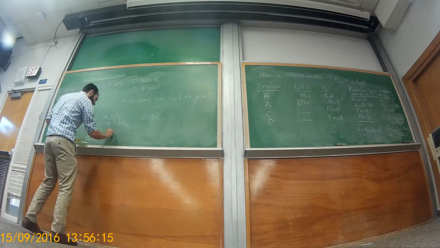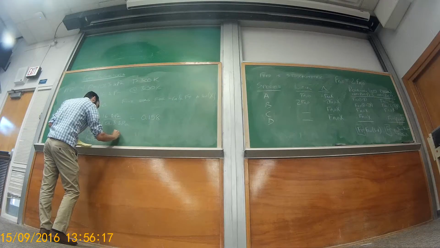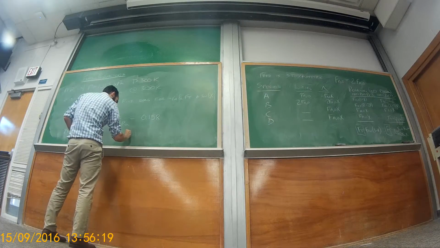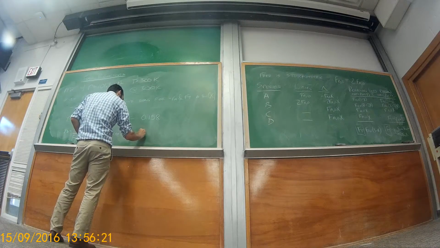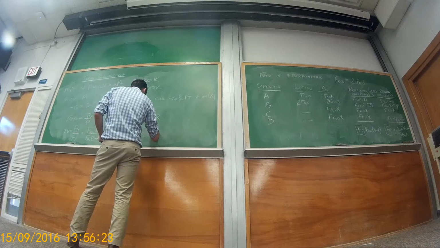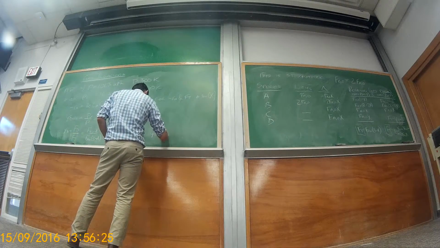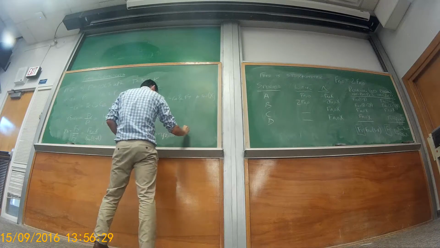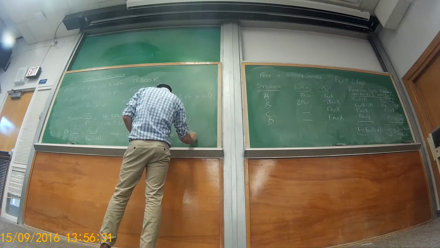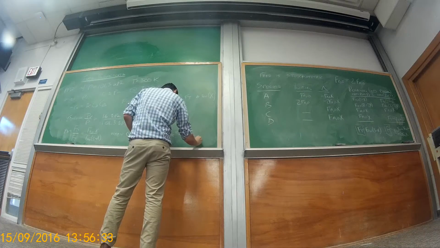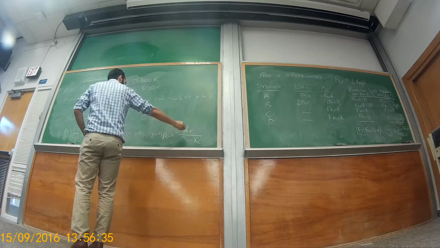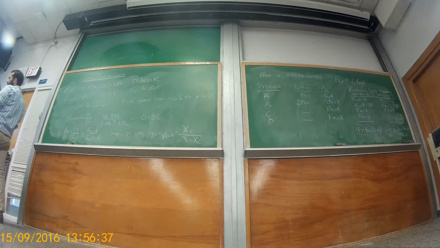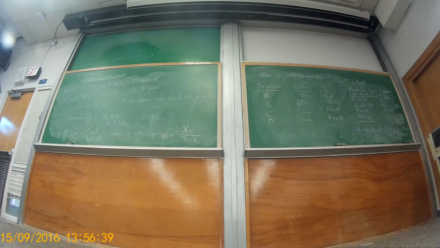And so when you're at vapor-liquid equilibrium, then YD is equal to... so I'm going to use XC to indicate critical conversion.